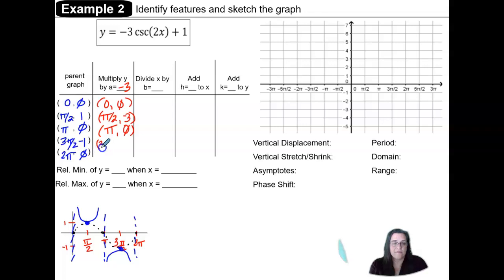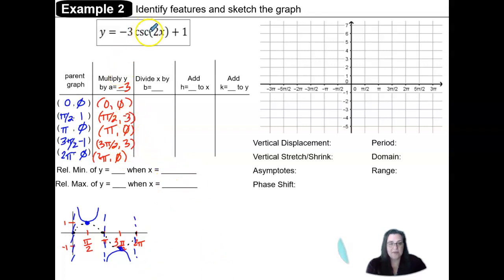And we have 3 pi over 2, and -1 times -3 is a positive 3. And then 2 pi and undefined. So that vertical stretch and reflection did not affect the asymptotes, only the relative extrema.